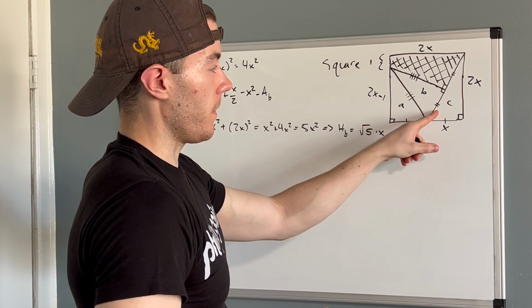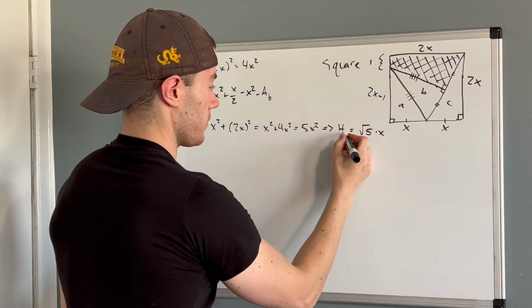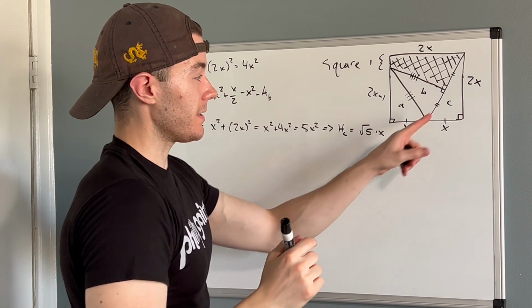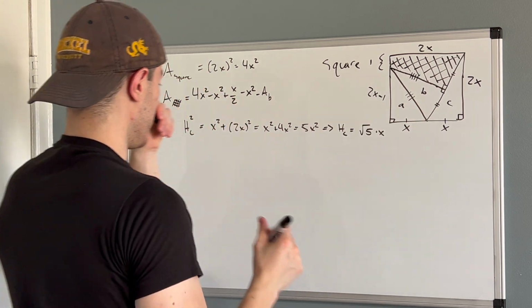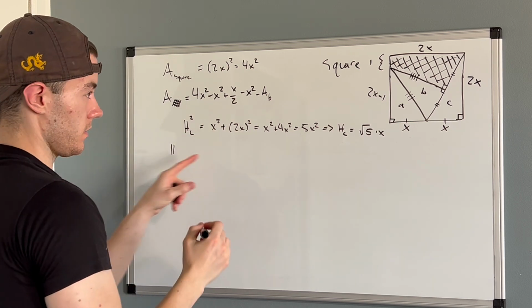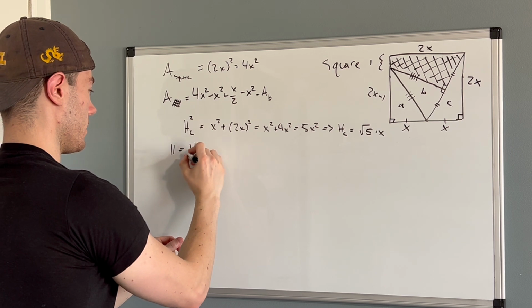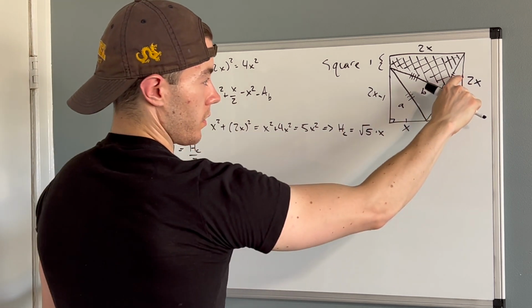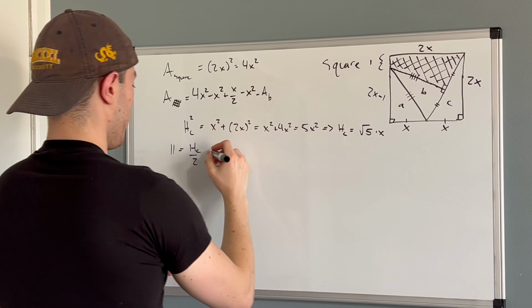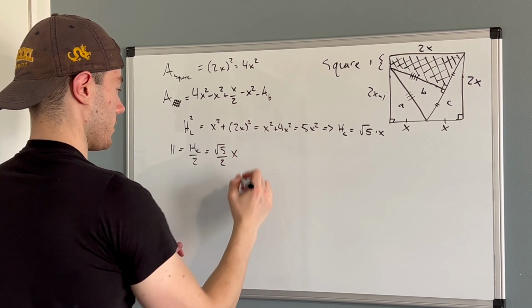And remember the hypotenuse of C. We want the base of B. The base of B, this is 2, is equal to the hypotenuse of C divided by 2, because they're equal lengths, 2, 2. It's equal to root 5 over 2 times x.